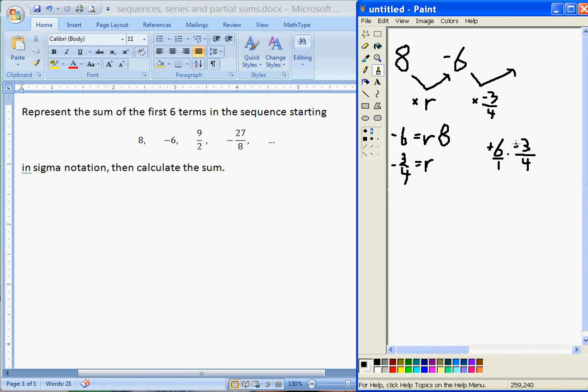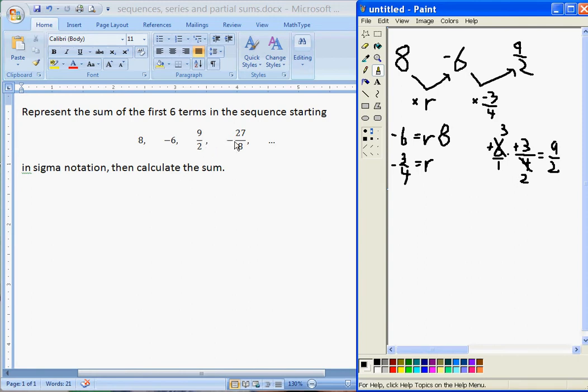The negatives cancel. I have a 6 on the top and a 4 on the bottom, so I'll reduce those. Dividing the top by 2, I get a 3 there. Dividing the bottom by 2, I get a 2 there. So I have 3 times 3 on the top, 9. 1 times 2 on the bottom, 2. And the third term should be 9 halves. Perfect. That's exactly what I'm looking for over here.